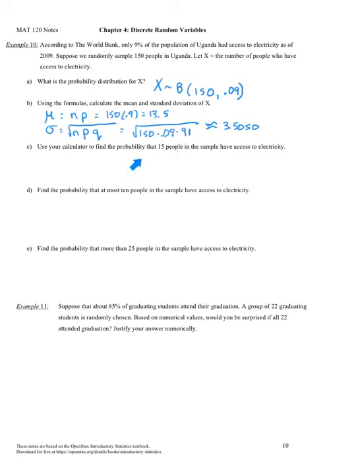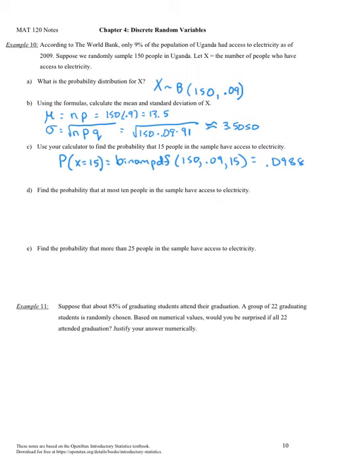Next, we're asked to find the probability that 15 people in the sample have access to electricity. Since this is an equal and exact value, we're going to use the binomial PDF function, and we will end up with this. Moving on to letter D, find the probability that at most 10 people in the sample have access to electricity.